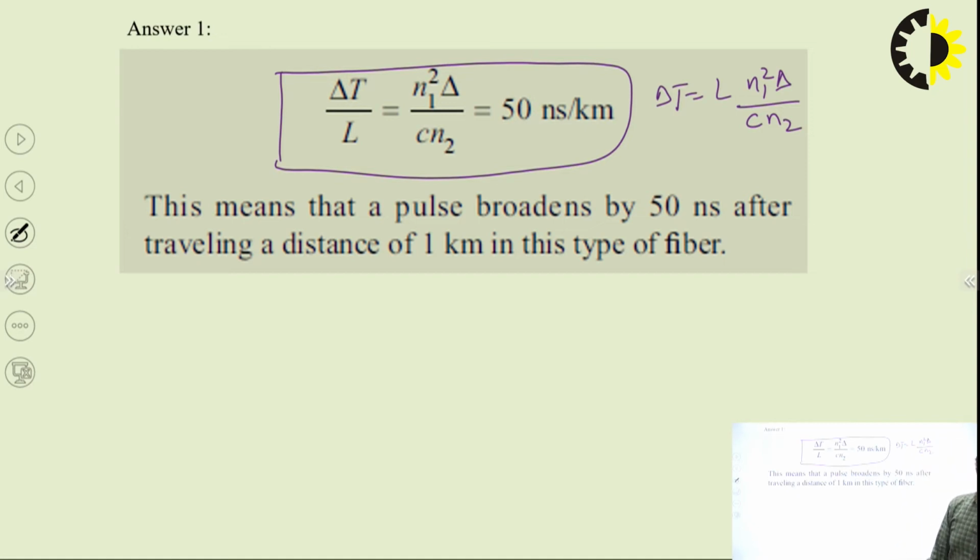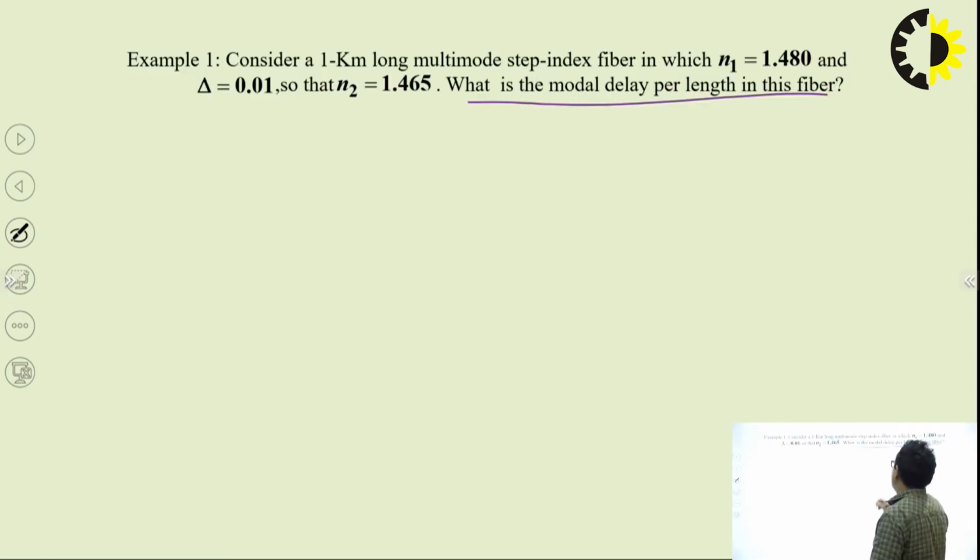From this you can calculate the time taken, and if you divide it by the length, it will become the delay that is occurring per unit length of the fiber, which is what is asked in this question also. The question is, what is the modal delay per length in this fiber?